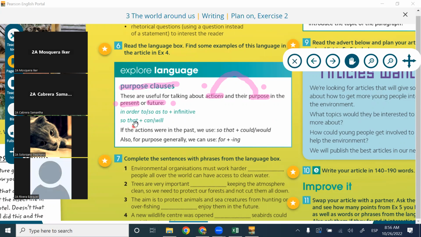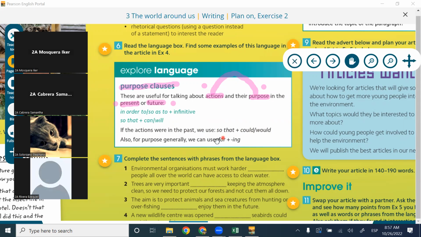Example number 2, so that students can complete the workbook. So that parents will pay the school tuition, for example. This so that can or so that will can be present or future with will, and I can also use it with the past. So that instead of can I can say could, and instead of will I can use would. That is the difference with so that.